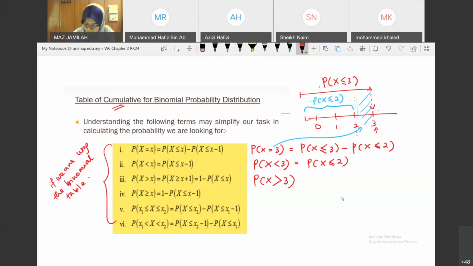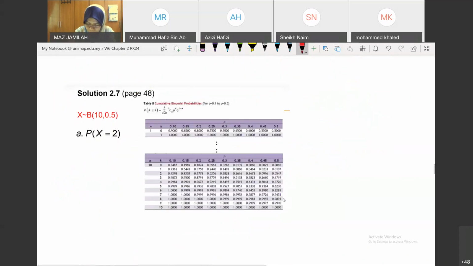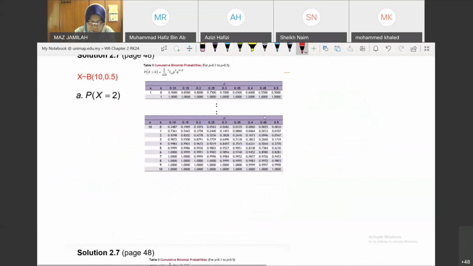Why are we focusing on this? If you look at everything here, the notation is using this. Because in your binomial table, we are using this term.